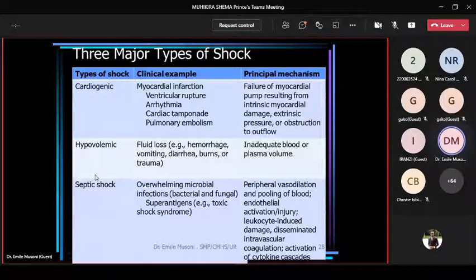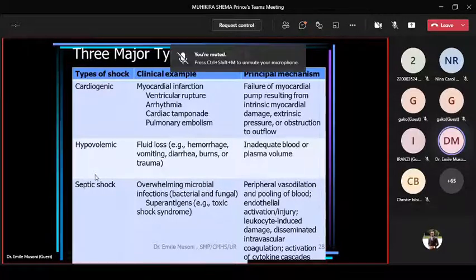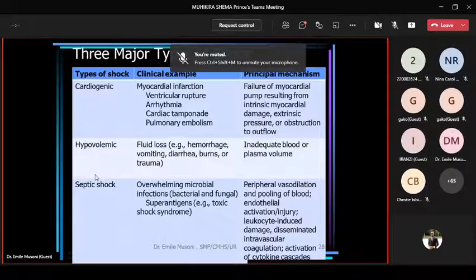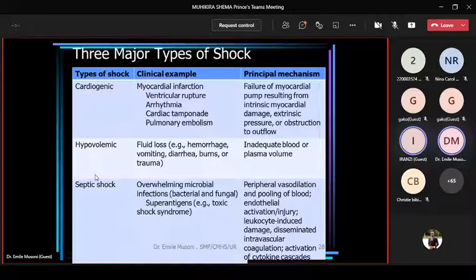Anemia is the diminution of what? Blood, and the iron in the blood. The heme tissue, not only blood. So shock is the diminution of the blood volume.